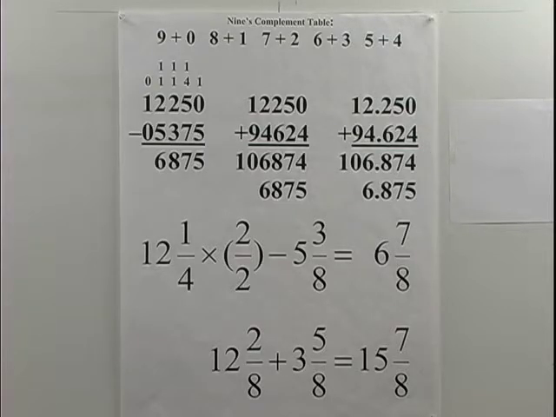My last step in the 9's complement procedure is to take this leftmost digit, it will always be a 1, add it to the rightmost digit, 5 in this case, I get a 6. 6 7/8. So 12 1/4 minus 5 3/8 is equal to 6 7/8.